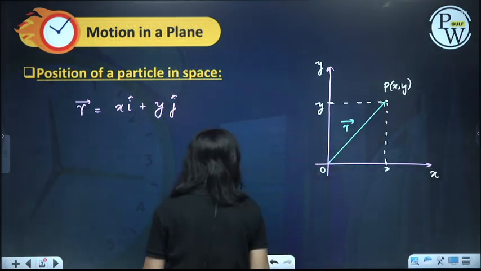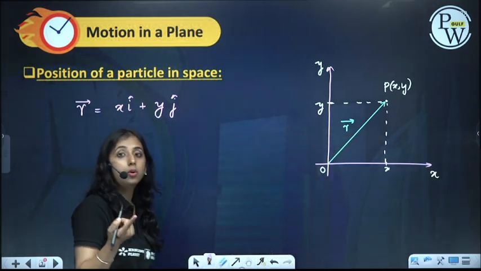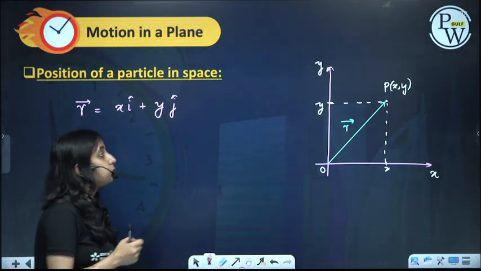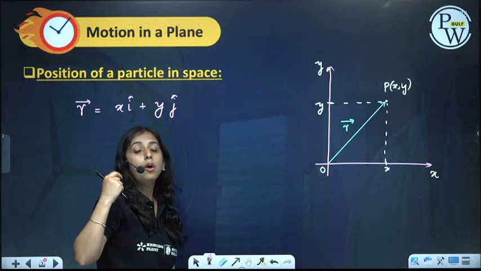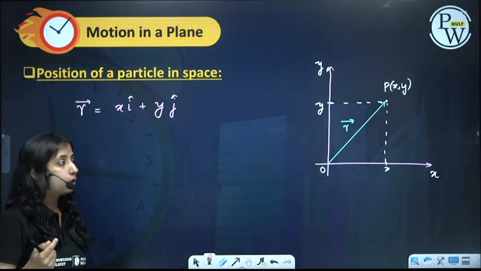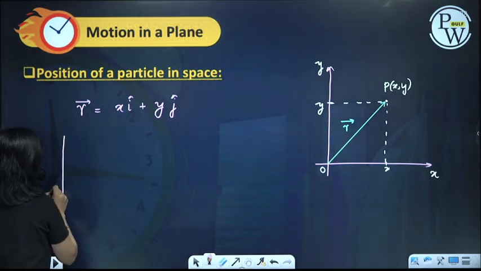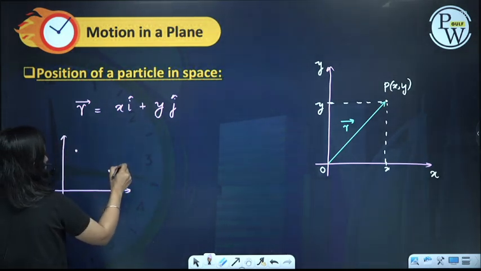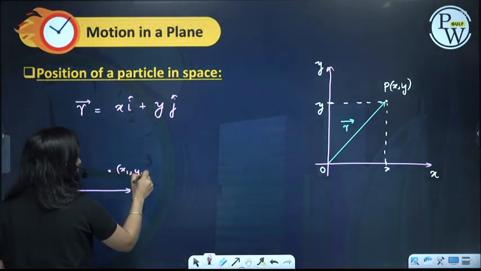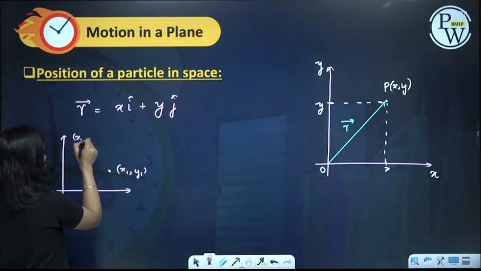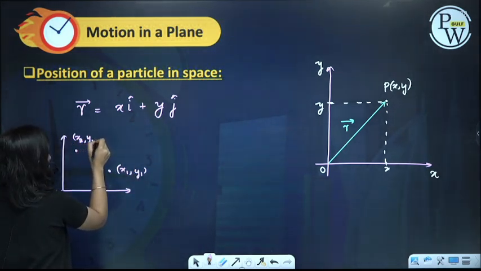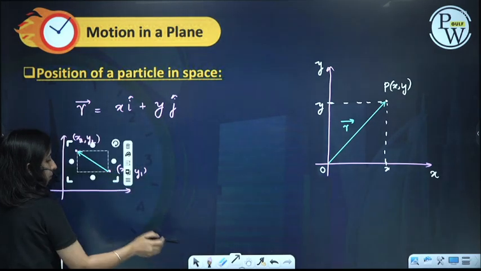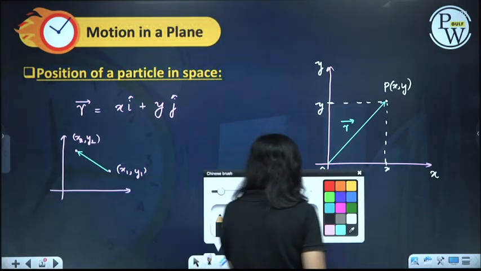Suppose we have two points, x1 y1 and x2 y2, and we have to define the vector from one point to another. Just like this, this point is x1 y1 and this point is x2 y2, and we have to define a vector from x1 y1 to x2 y2.